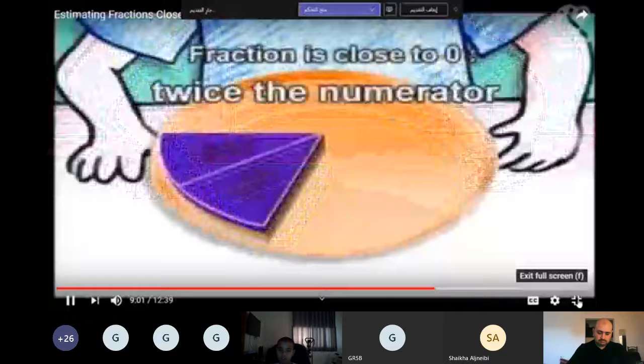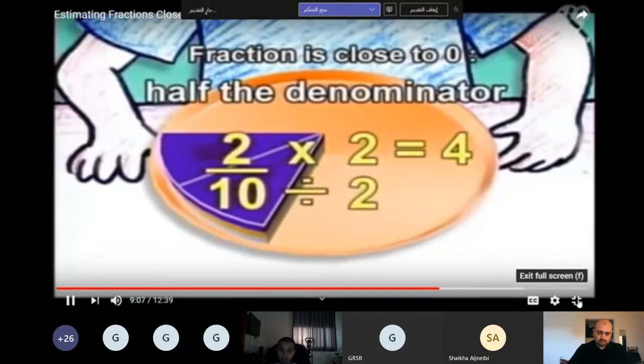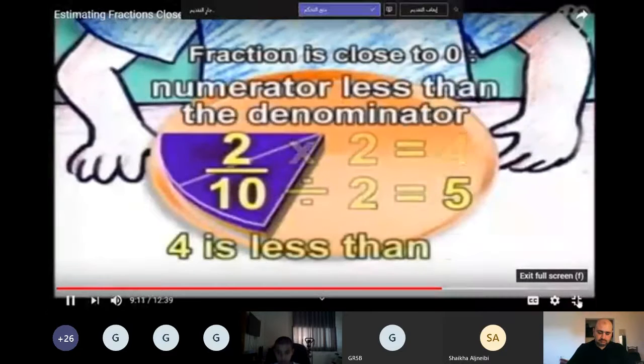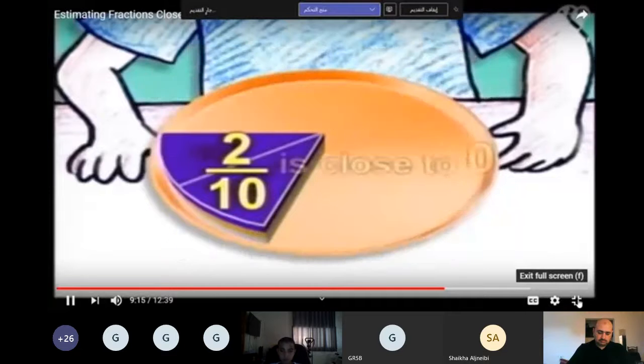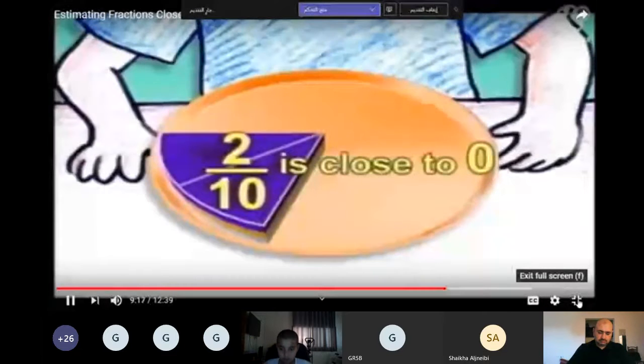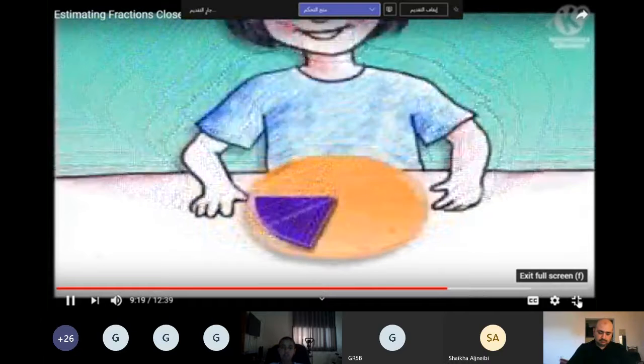Twice the numerator 2 is 4. 1/2 of the denominator 10 is 5. 4 is less than 5. So, 2/10 is close to 0. The girl has sold almost all of the sapin-sapin.